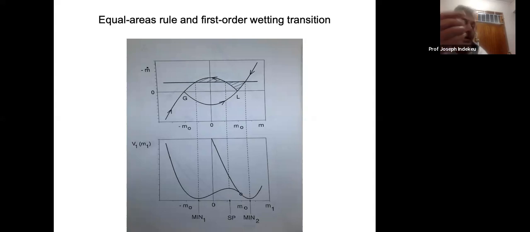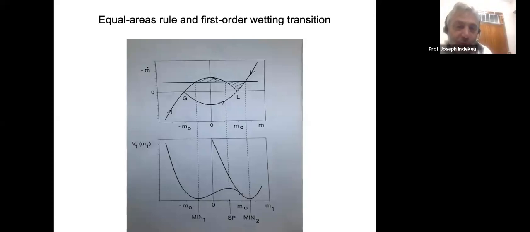Okay. And for a multivalued function, you must be very careful, because as we will see shortly, for a multivalued function between two minima, there need not be a maximum in between. There need not be. There may be, but there need not be.